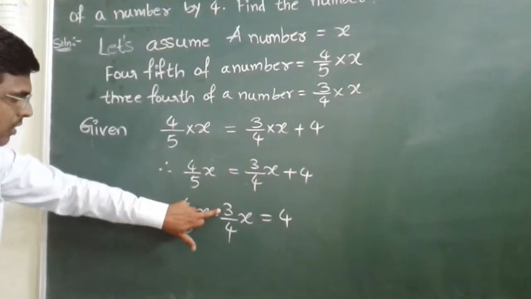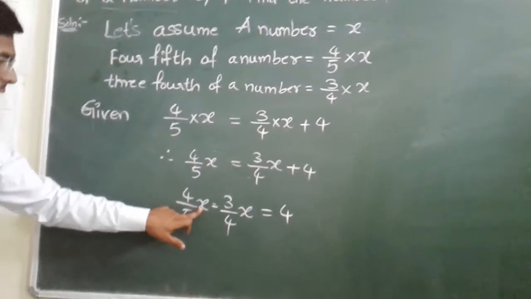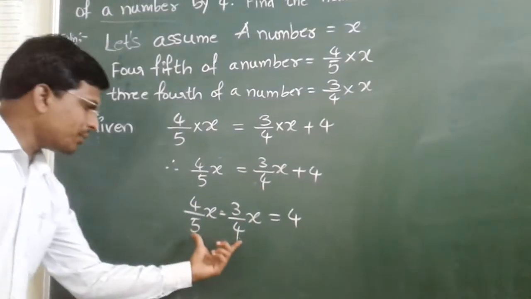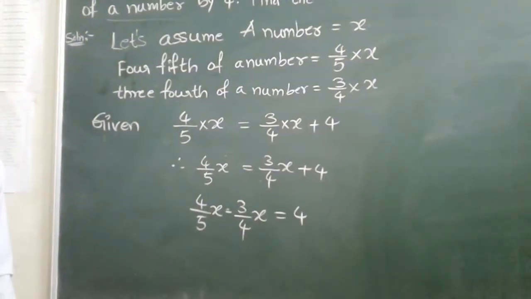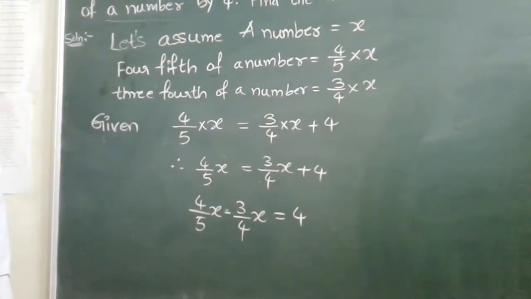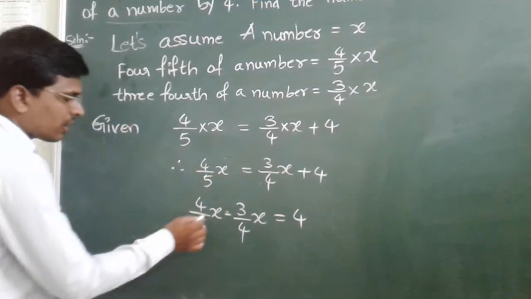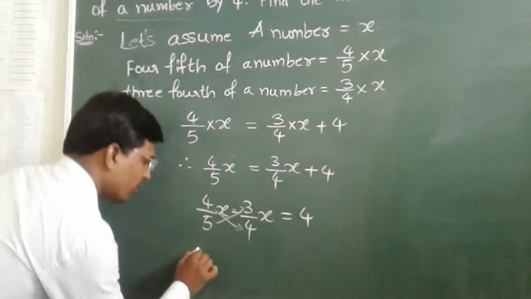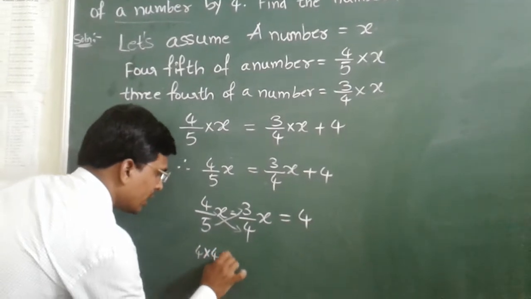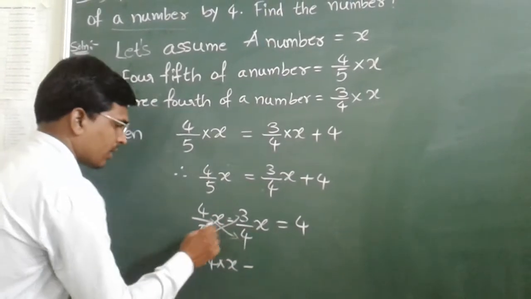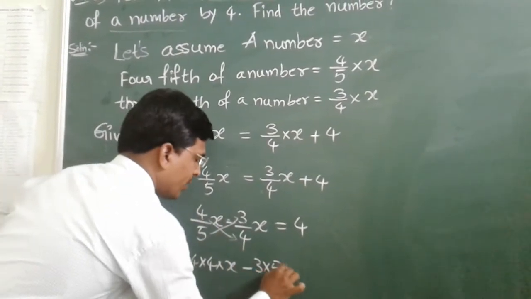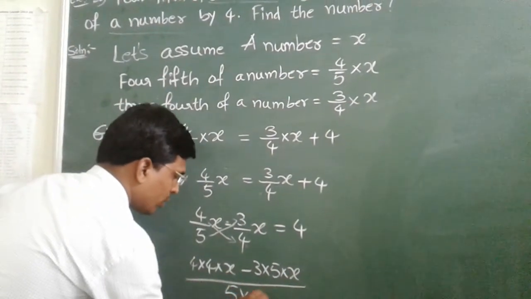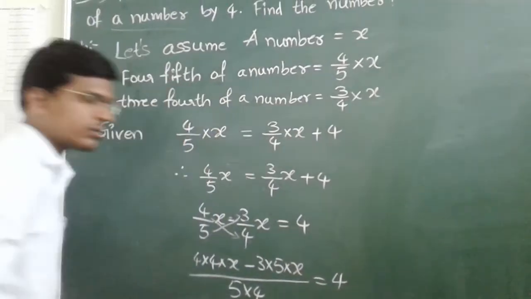If you observe, both are unlike fractions because they have different denominators, so here we can apply the crisscross method: 4 into 4 into x minus 3 into 5 into x, by 5 into 4, equals 4.